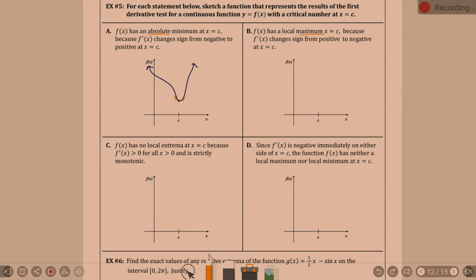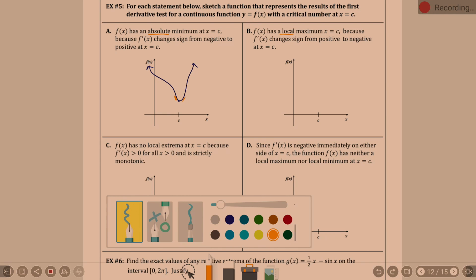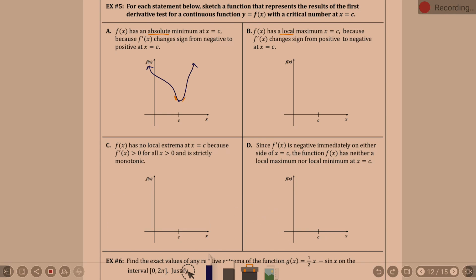If we do a cubic, what am I positioning above c? A max? So an option is a cubic, something like that. Did it end up lined up? Close enough. Is that a local max?